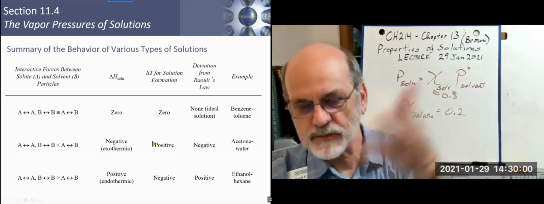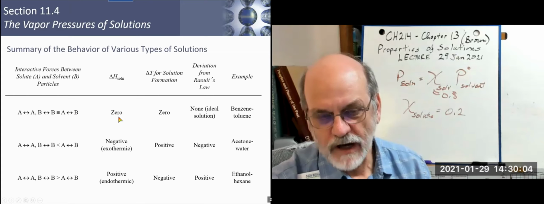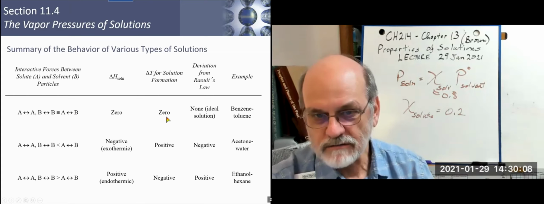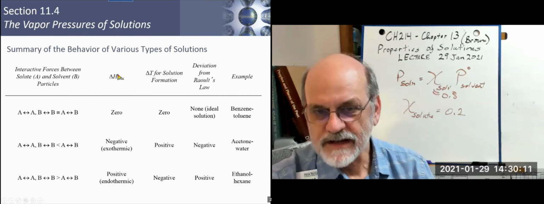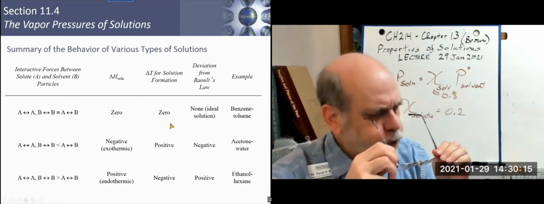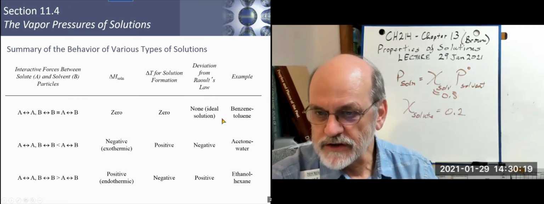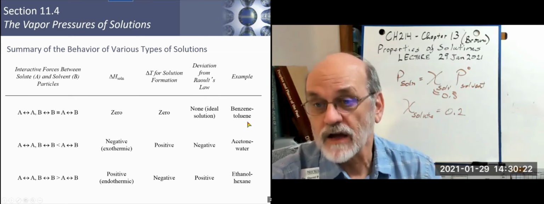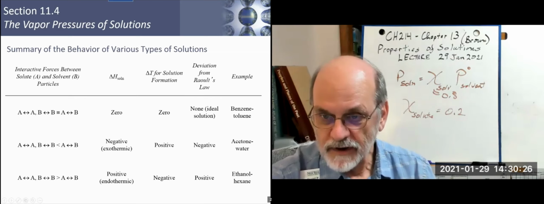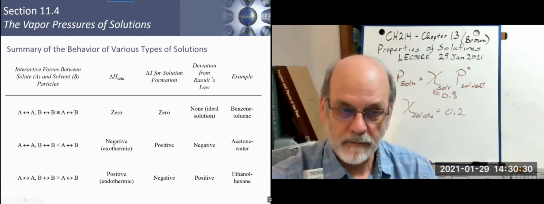So this is just an expression of the different possibilities. If you have no interaction, the delta H of the solution is virtually zero. Then you have an ideal solution, and one possibility for that is benzene and toluene. Right? They're both volatile liquids, but they don't attract and they don't repel one another. They're ideal.